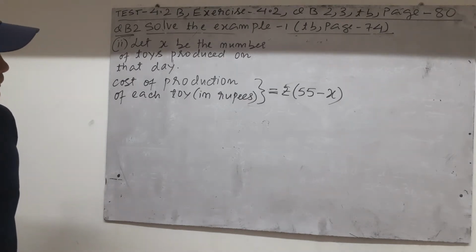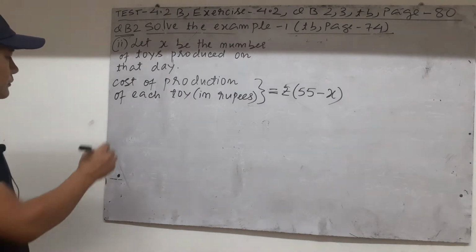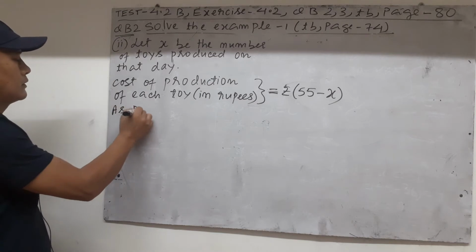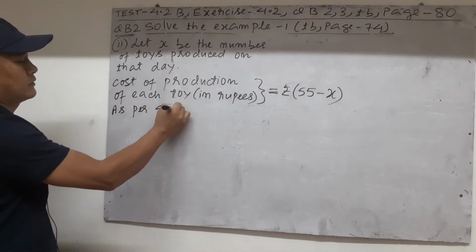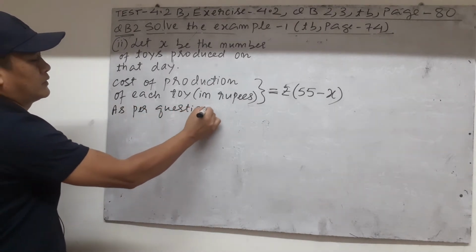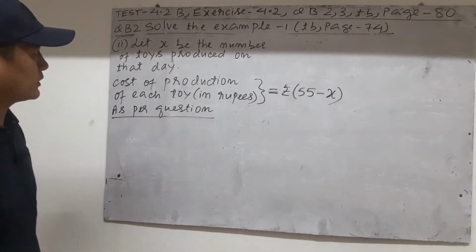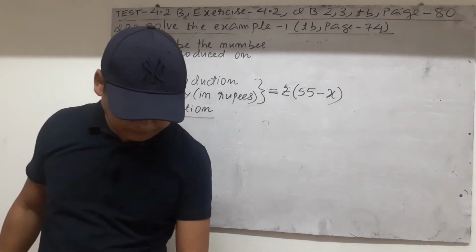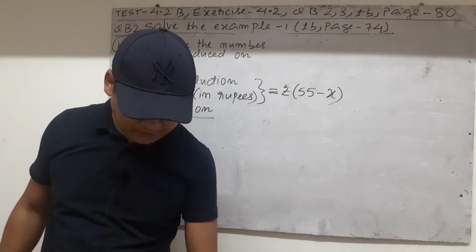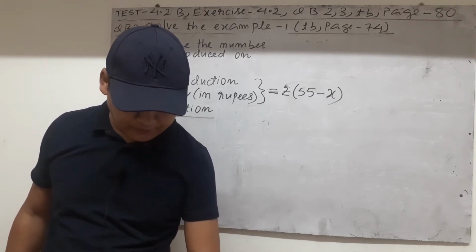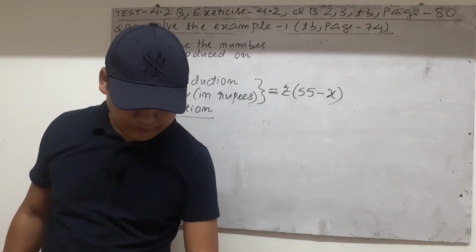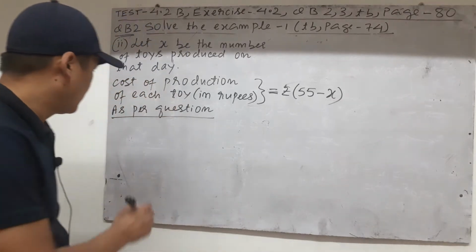Then here, as per the question, means according to the question. Let me read that. The last second sentence: on a particular day, the total cost of production was 750.